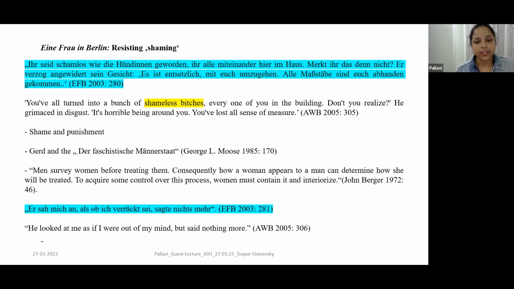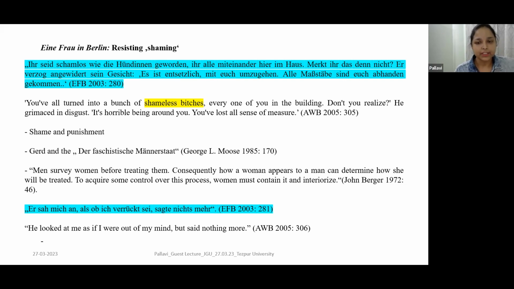And when she gives him her diary to read, this is his reaction that she narrates further in the diary. Gerd is somebody who is the incarnation of the gender ideal of the fascist state, the fascist Männerstaat, which is the term I have also written here. That is how they visualized and saw women in the fascist state, and his reaction justifies it.